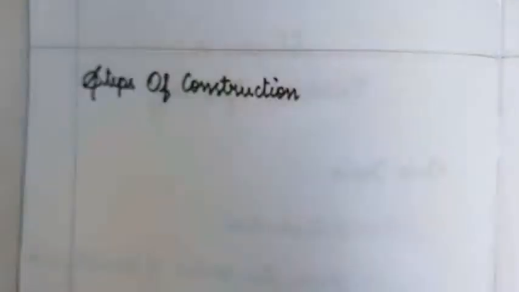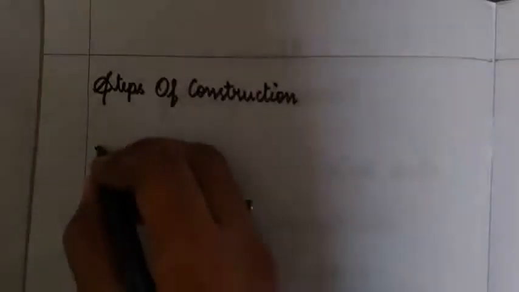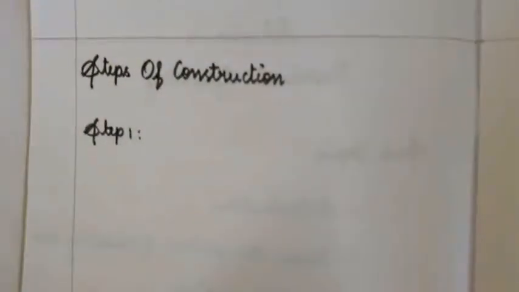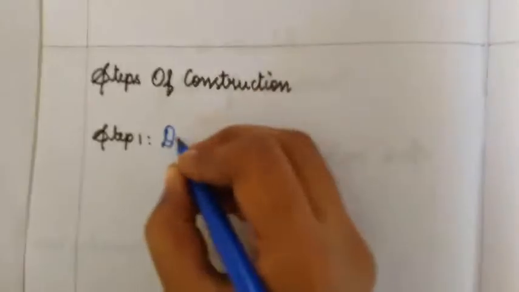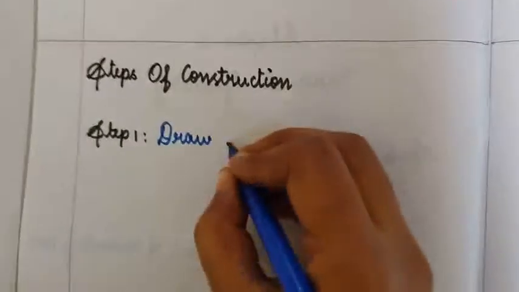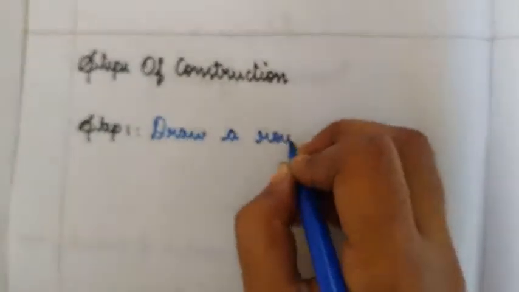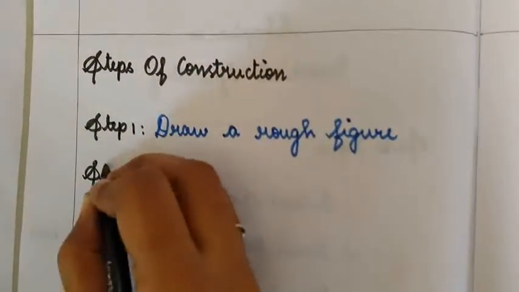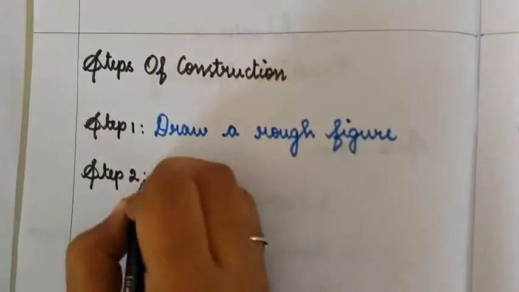Step 1 is draw a rough figure. This is your first step. Next, let's move to step 2. What is this step 2?